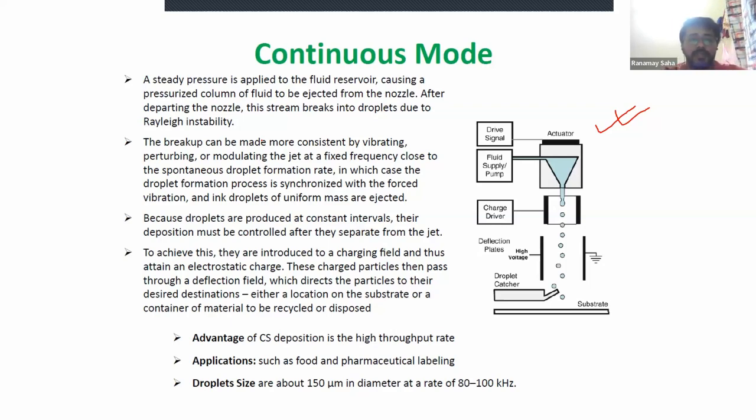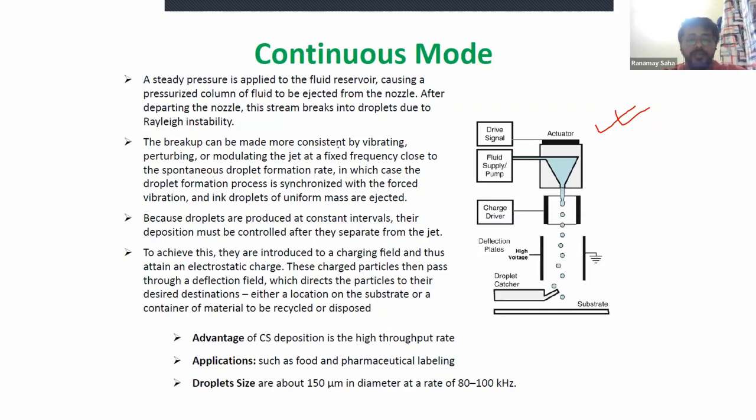After departing the nozzle, the stream breaks into droplets due to Rayleigh instability. I'm not going to graph the Rayleigh instability, but of course the stream becomes unstable after a particular point of time once it has come out of the nozzle, and it breaks up.